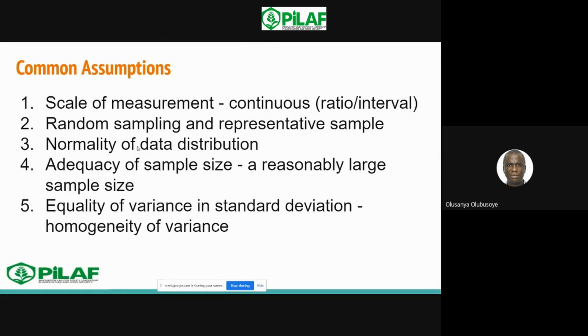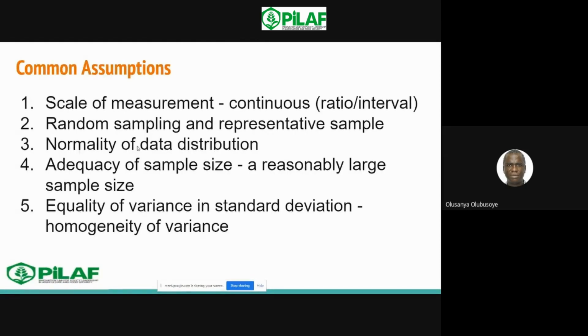So any categorical data, like state of origin, you cannot use the t-test or z-test on them. So the first check you need to carry out is to ask yourself, is this variable measured on a continuous scale? If the answer is yes, then you can use the T or Z test.